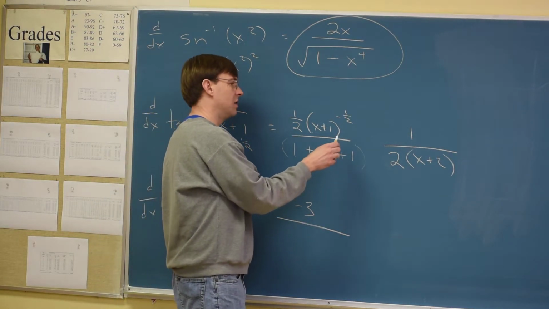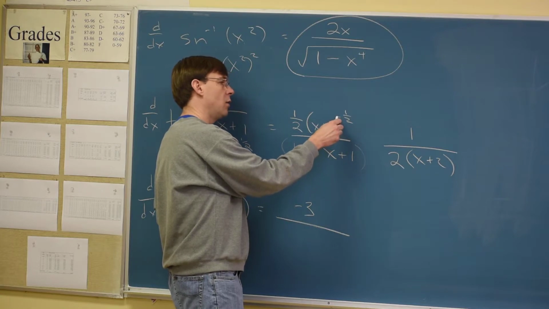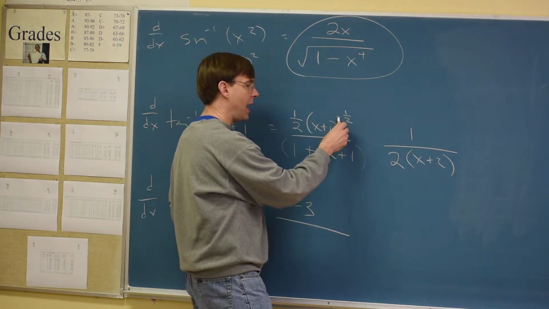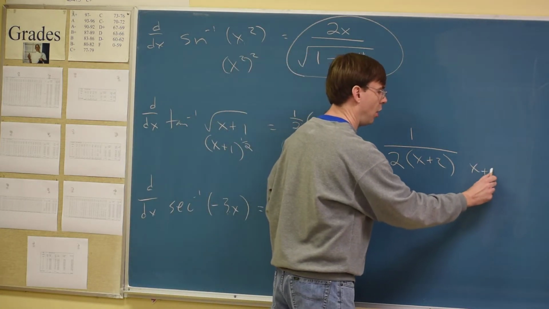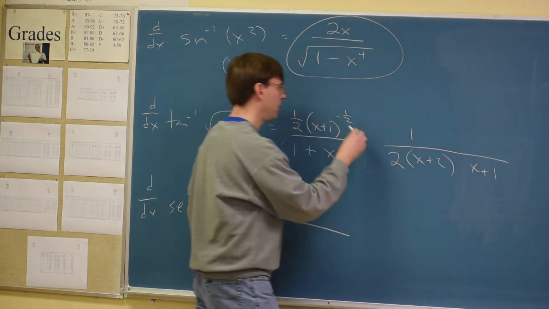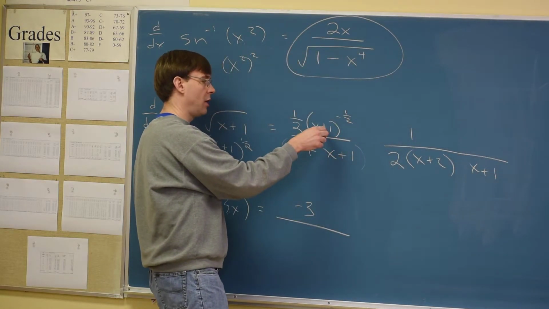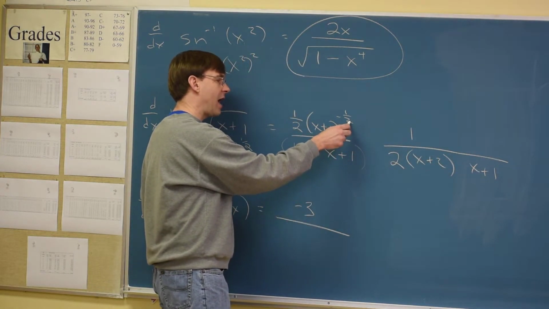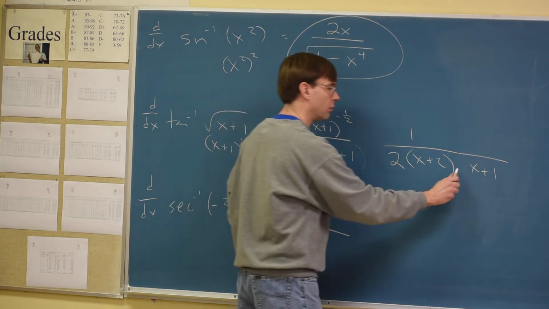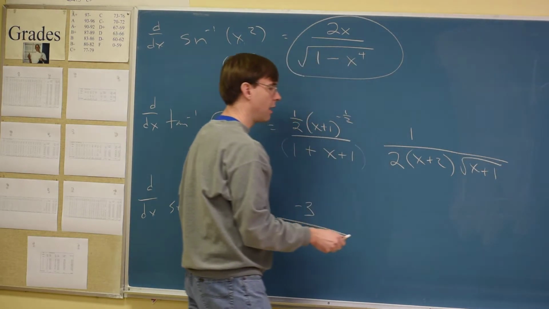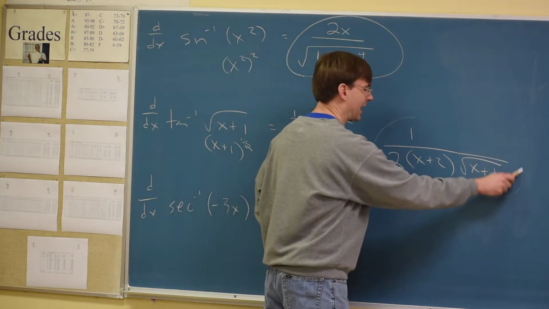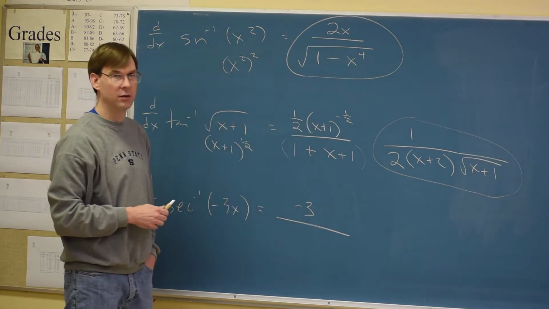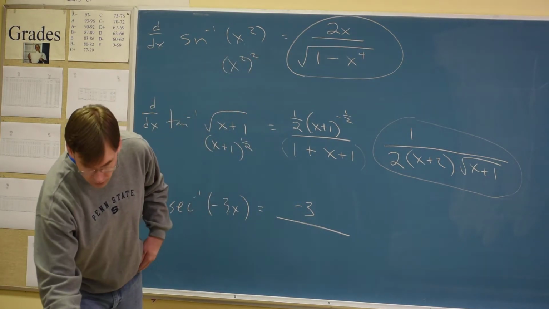And I'm going to guess the book most likely would rather have this negative powered thing go to the bottom, because negative powers flip. So I would think likely this would go to the bottom. And if it's to the half power still, it's also still rooted. There is a root still present there. I'm going to guess that's probably how they prefer to do that answer.